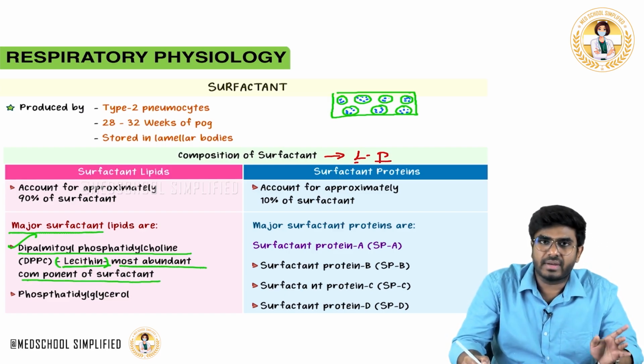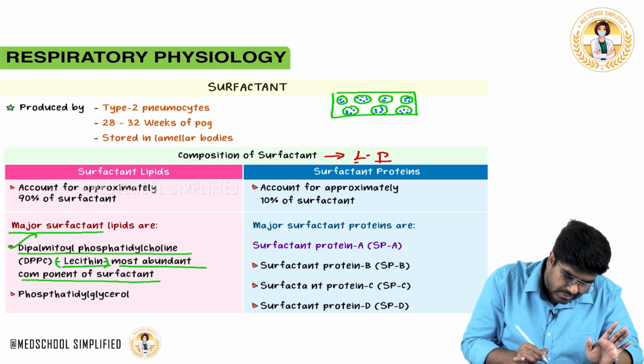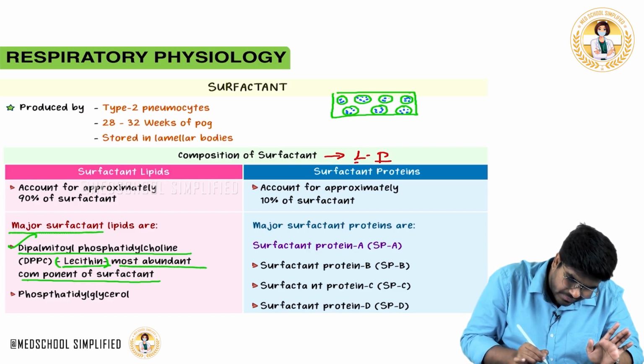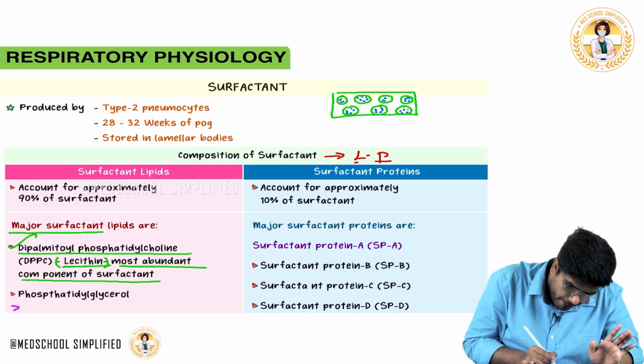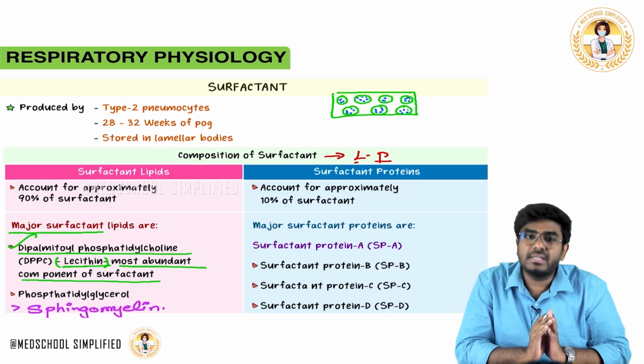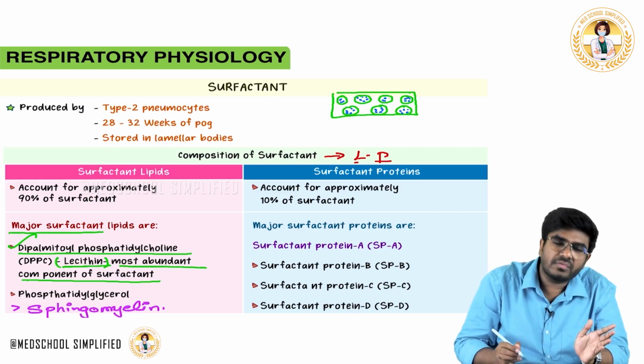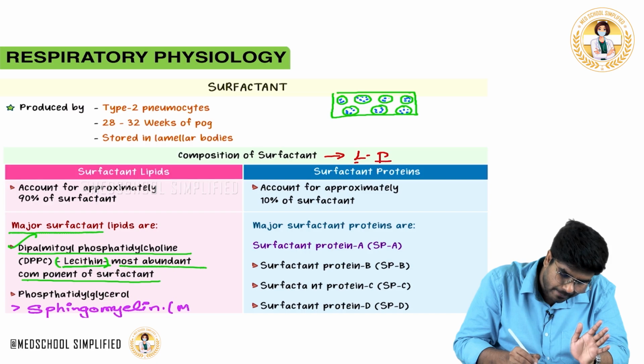One minor lipid is sphingomyelin. So lecithin is the major lipid, and sphingomyelin and phosphatidylglycerol are minor lipids.